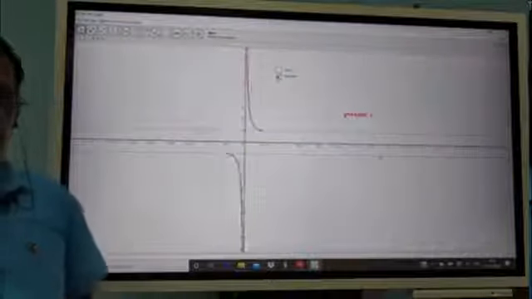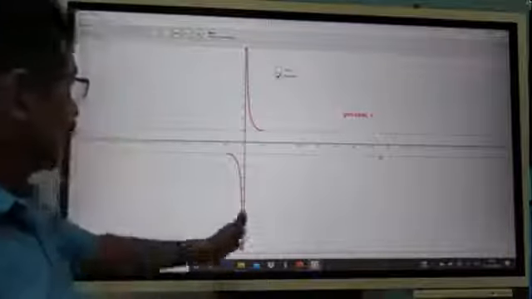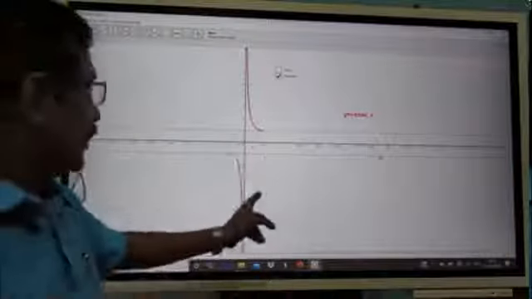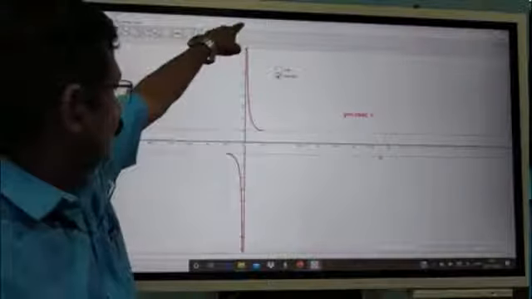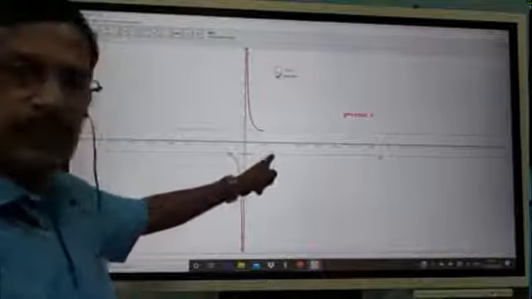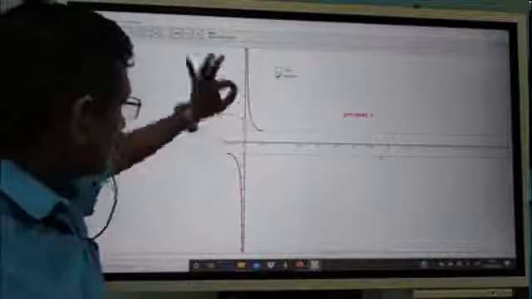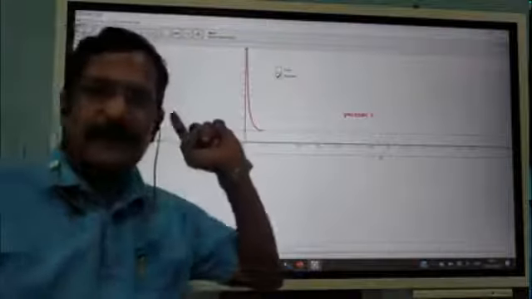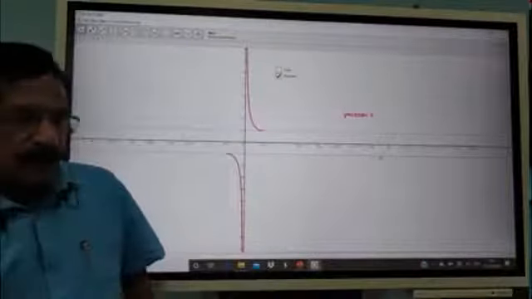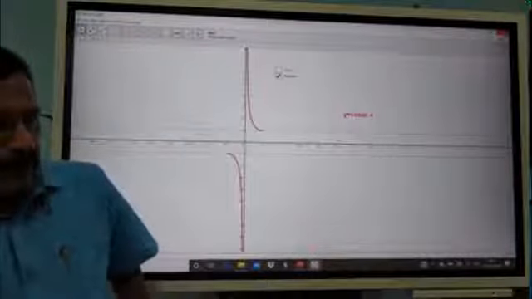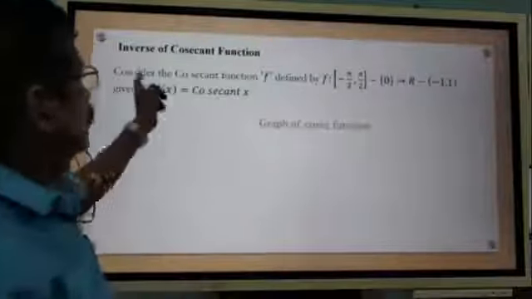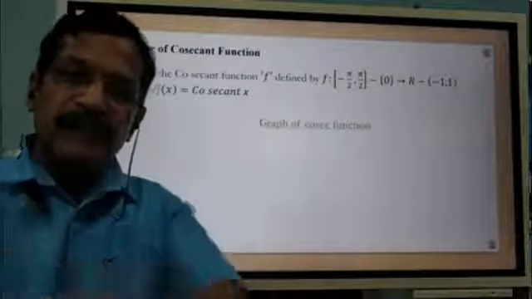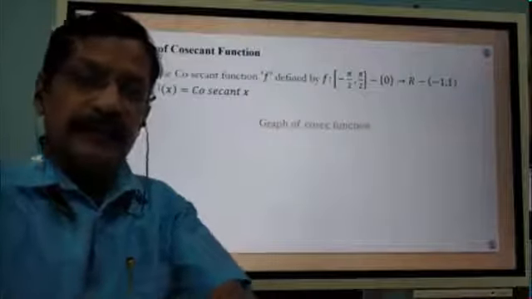When we restrict the domain, the restricted graph will be this way. So this is the graph of the cosec function in the restricted domain. It takes values from minus infinity to minus 1 and 1 to infinity, in between minus pi by 2 and plus pi by 2 when we exclude 0. So the cosec function is defined this way. Now we can define the inverse.